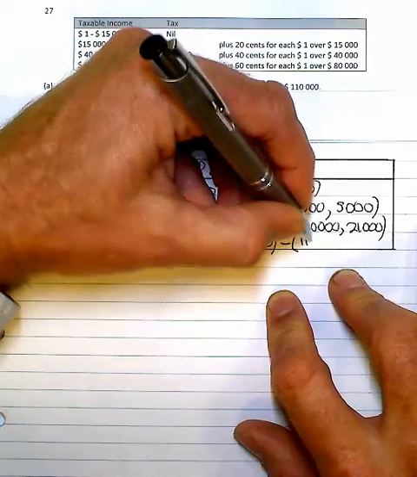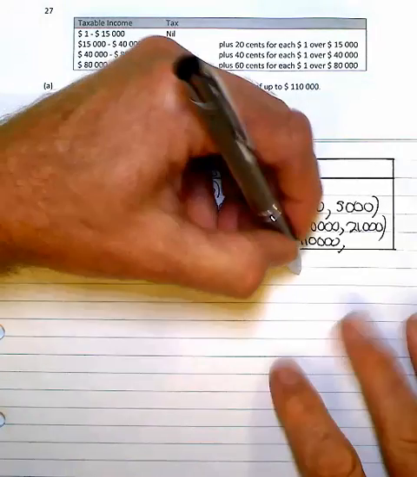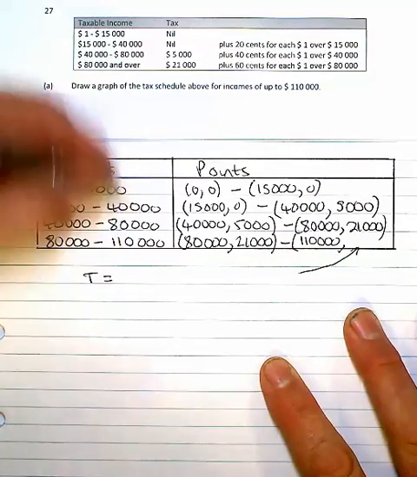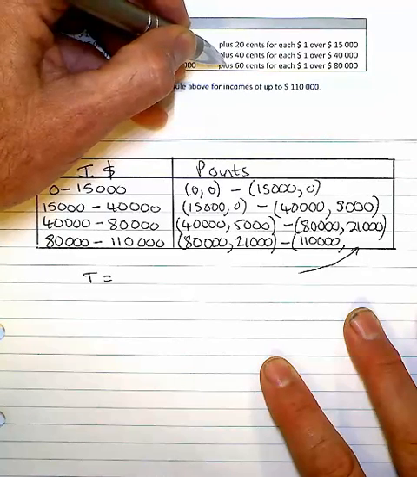Now I'm missing a final point from this process. So what I'm going to have to do here is to actually calculate the tax I'm going to pay. Now it's 21,000 plus 60 cents for every dollar over 80,000.